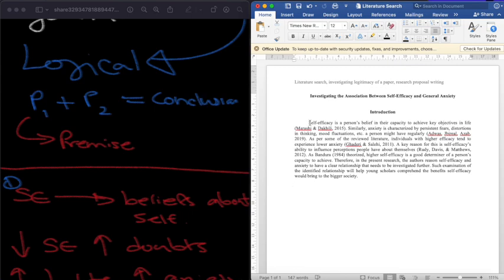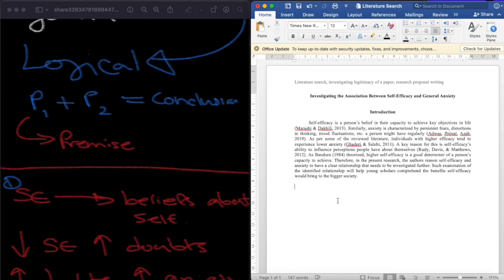Now let's read this one and see whether our conclusion is right. See, self-efficacy is a person's belief in their capacity to achieve key objectives in life. Similarly, anxiety is characterized by persistent fears, distortions in thinking, mood fluctuations, etc. a person might have regularly. As per some of the reviewed literature, individuals with higher efficacy tend to experience lower anxiety.